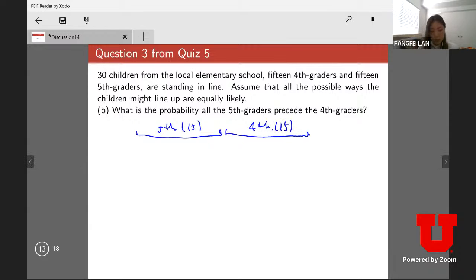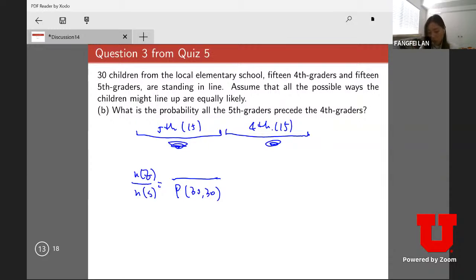They can permute within themselves, but they cannot move outside of that 15, right? So what does that mean? We still have the same sample space, which is, down here, still permutation 30, comma 30. Because these are all included in all the possible combinations.